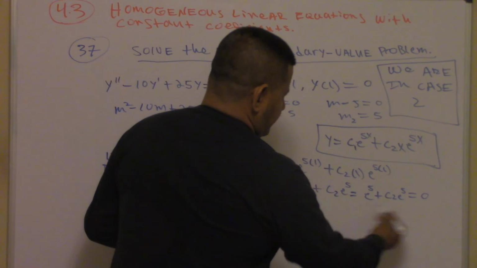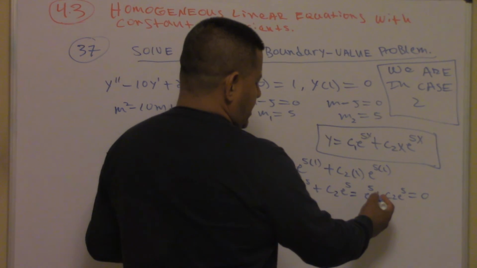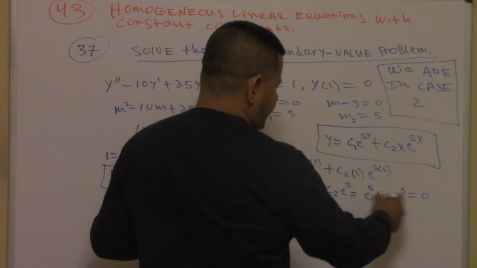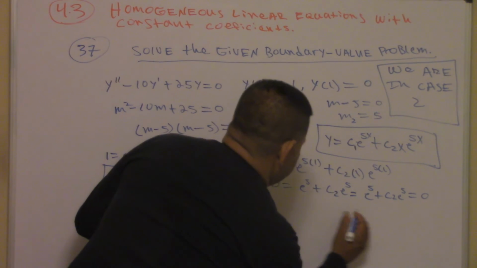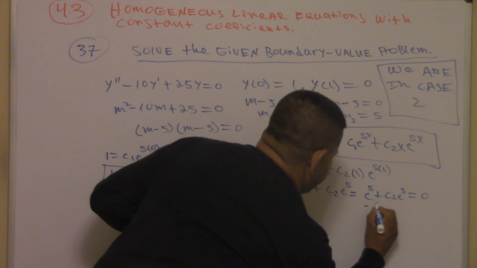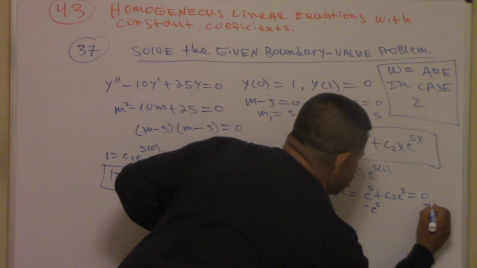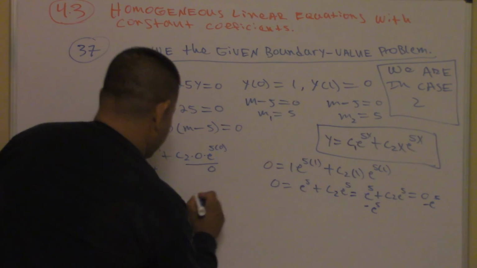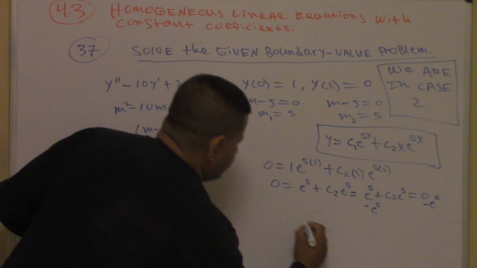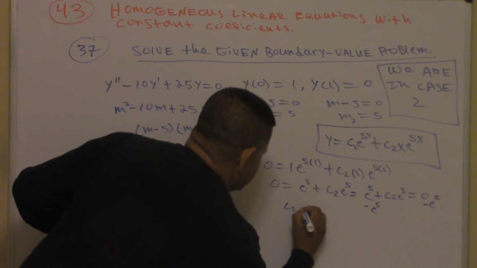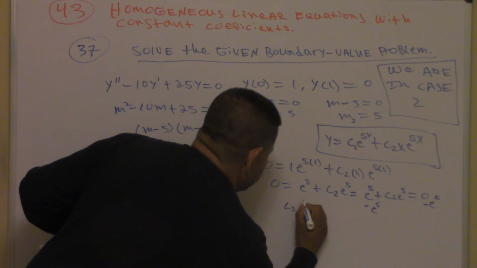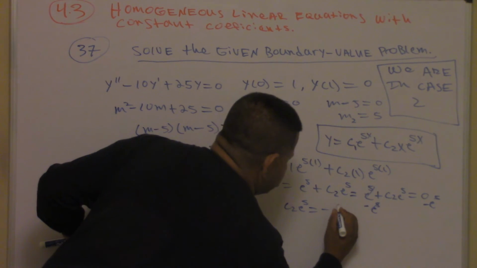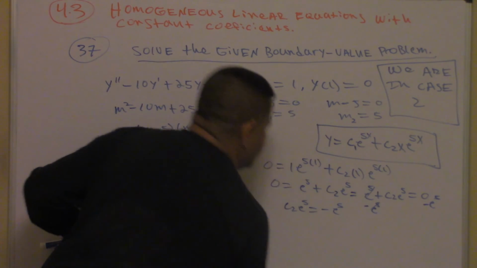If I subtract e to the 5th on this side, what do I get? I get minus e to the 5th. Then let me rewrite this: C2 e to the 5th equal negative e to the 5th, right?